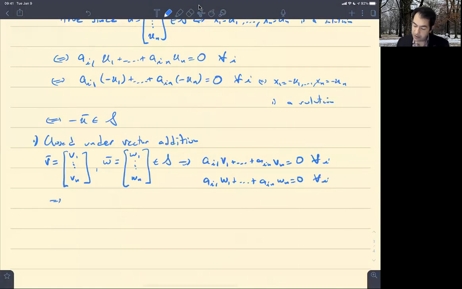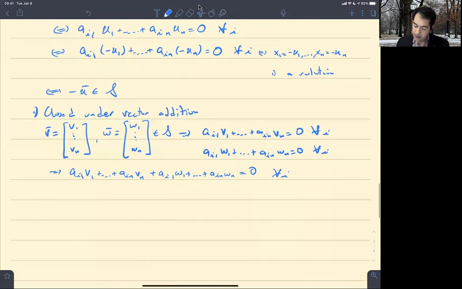But now adding those together, we see that ai1 v1 plus ... plus ain vn plus ai1 w1 plus ... plus ain wn is equal to 0 for every i. Now I use that vector addition. No, this is not vector, these are scalars. The scalar addition is commutative, so I can write this as ai1 v1 plus ai1 w1, ..., plus ain vn plus ain wn.